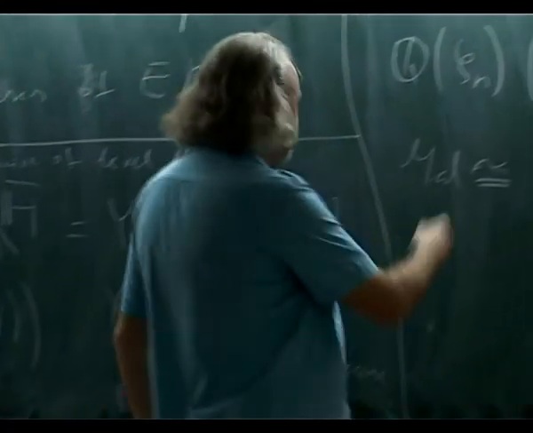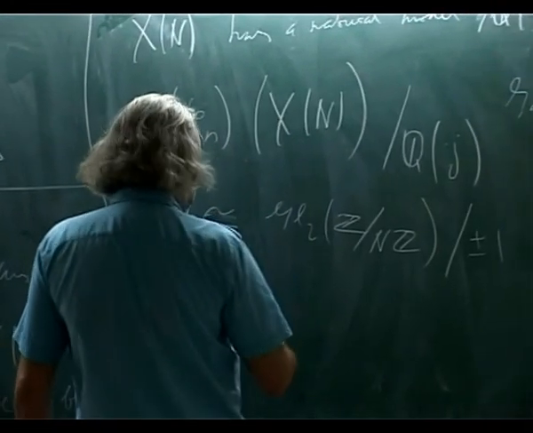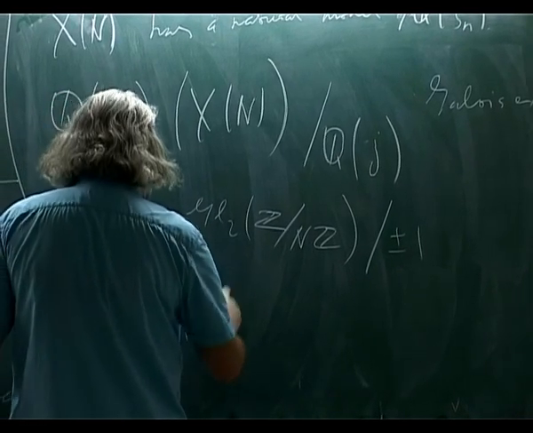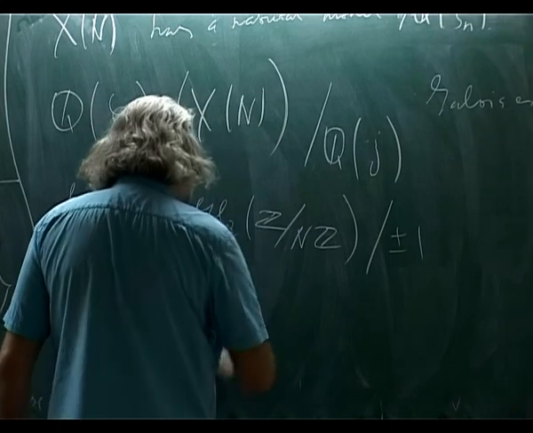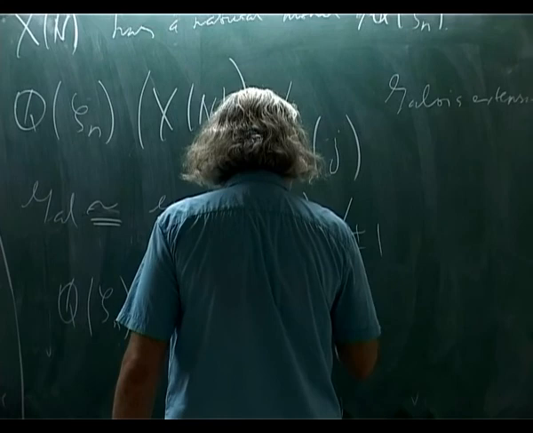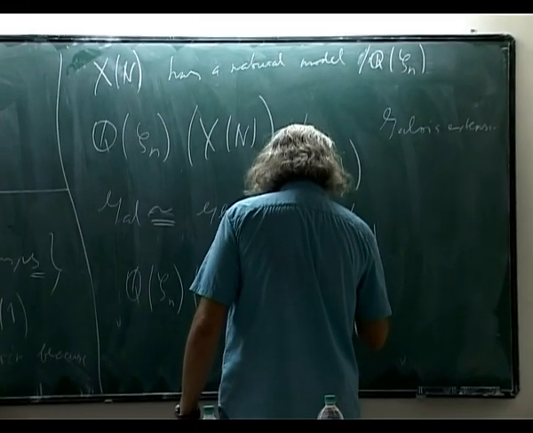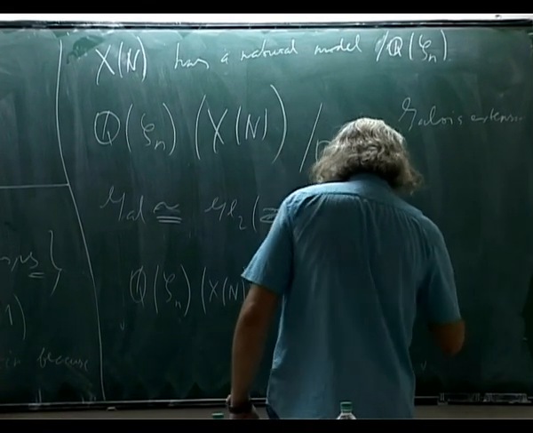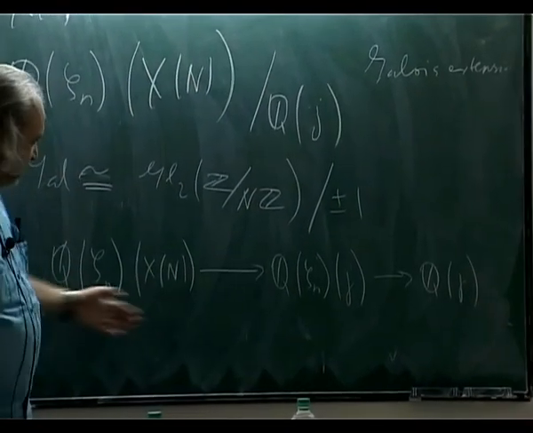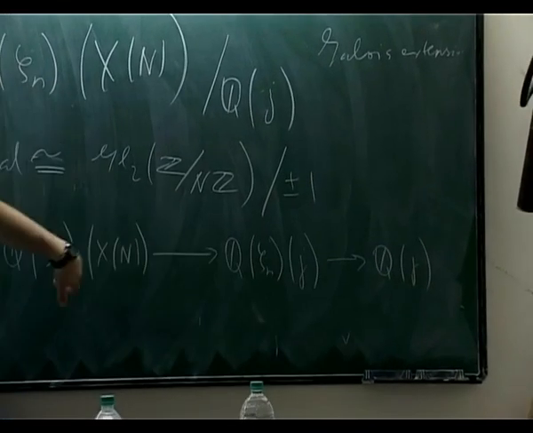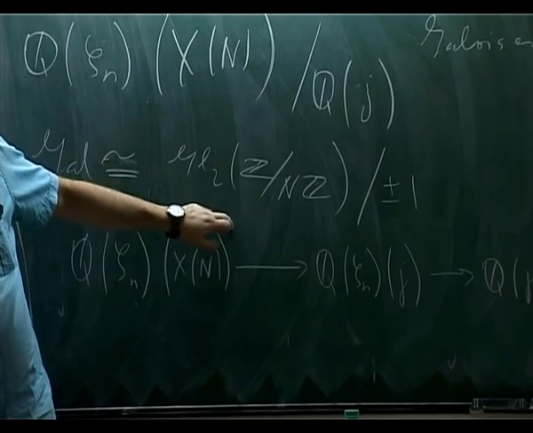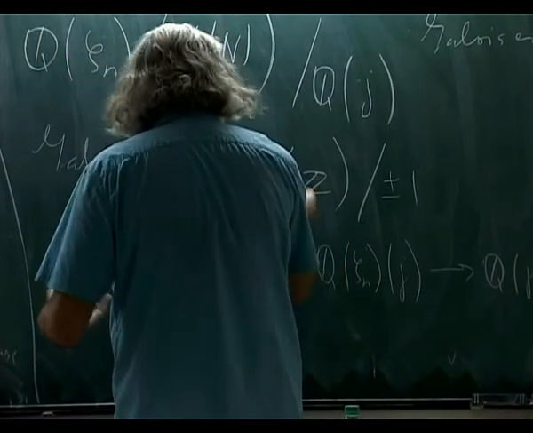Here, if we have this, consider the tower of the field, Q of zeta n, x of n, now it has Q of zeta n of j and Q of j. So here is the geometric part, the same field. So here, if we replace this by C, for instance, it will be the same Galois group. And here, the Galois group is SL2.